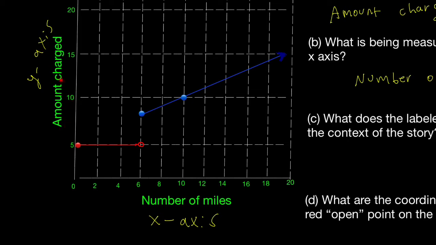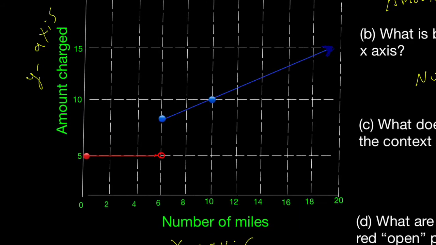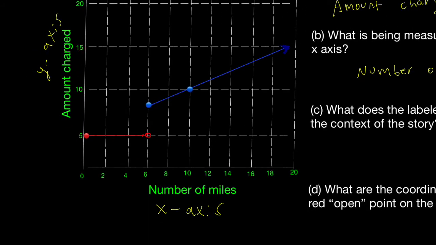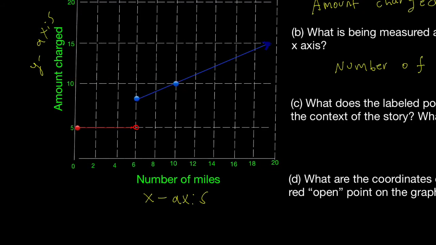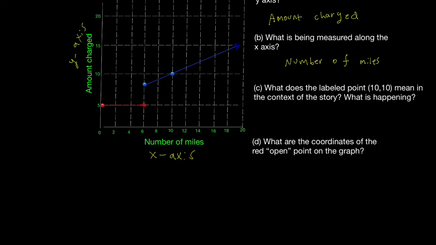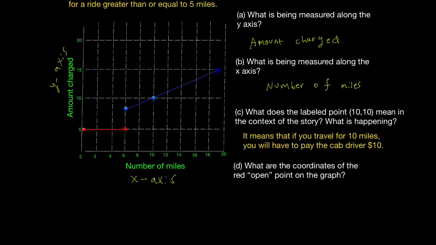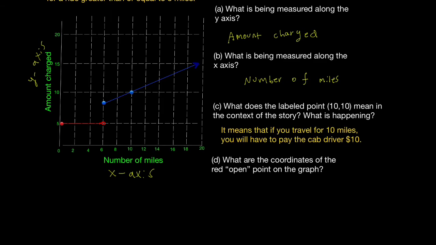The amount charged is in US currency, dollars and cents, so $10 exactly. Let's record that here. The point 10-10 means that if you travel for 10 miles, you will have to pay the cab driver a total of $10.